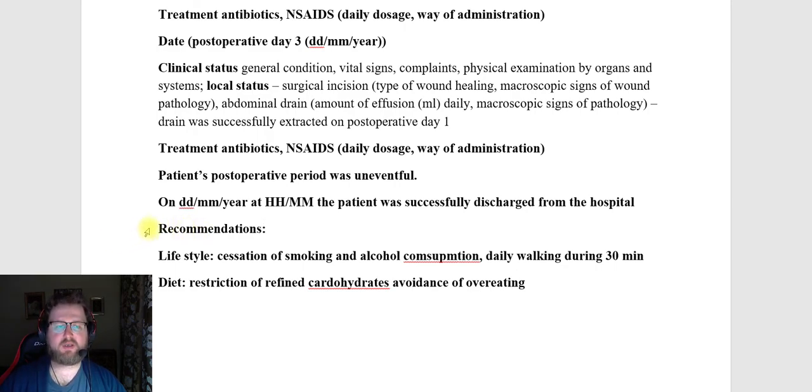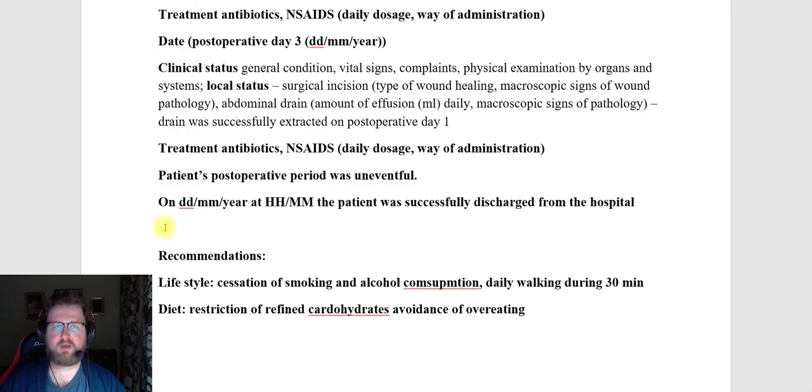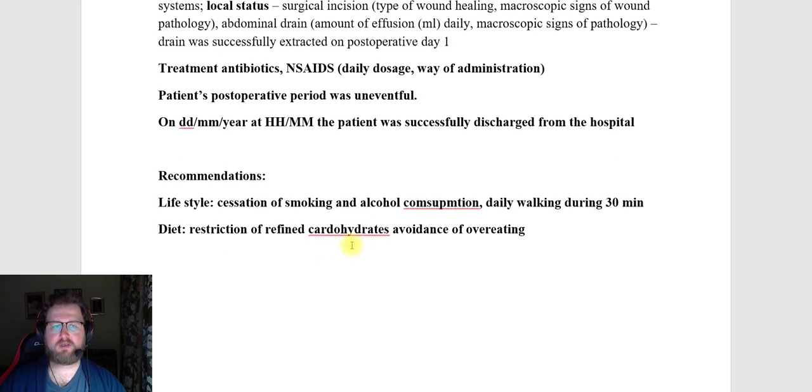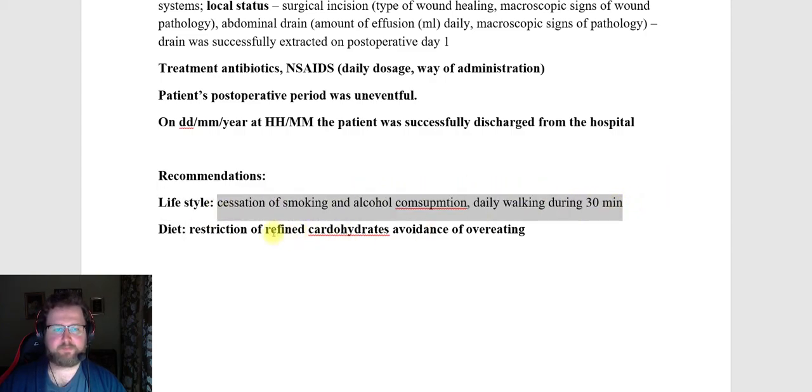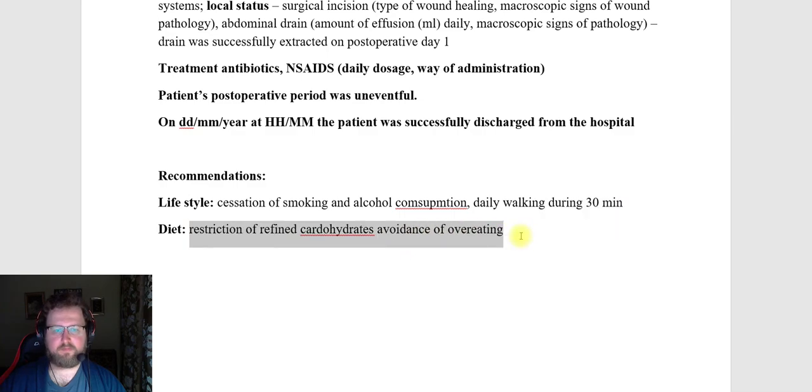Well, acute appendicitis is not such a big deal. Those patients don't need any follow-up. They don't need any further surgical treatment, so you can give them just general recommendations. It's lifestyle and diet recommendations as it's written here. This will be enough for a patient with acute appendicitis.